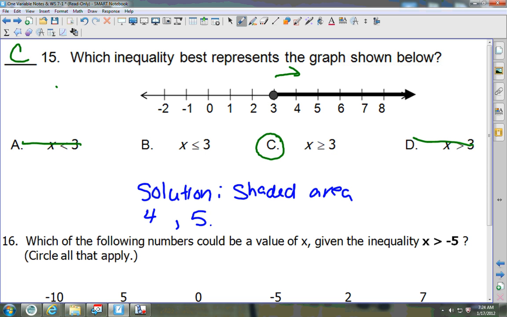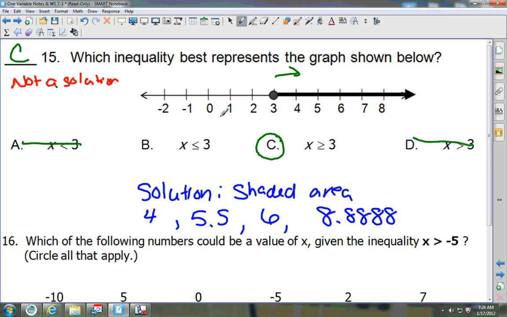What about 5.5? Yes. 6? Yes. 8.88888888. All of that could be in there. That's because it's in the shaded area. What type of numbers are not a solution? Well, that would be all of these that would be over here not in the shaded area, like -2, -1, 0.